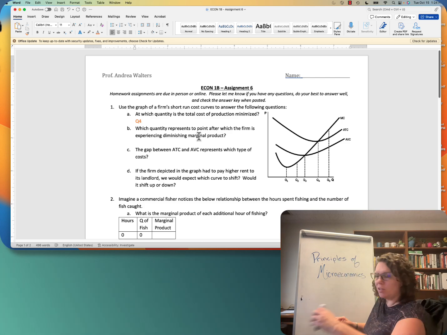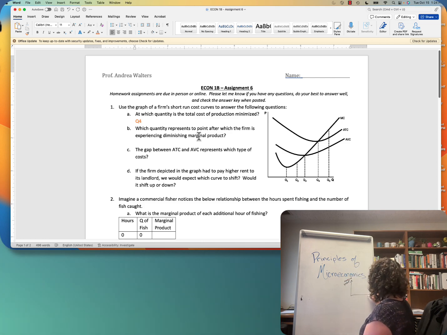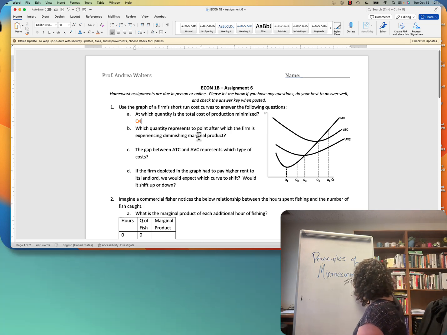But the general idea here is that if we look at the marginal product of our workers, we're going to see it have this relationship of rising and then falling.